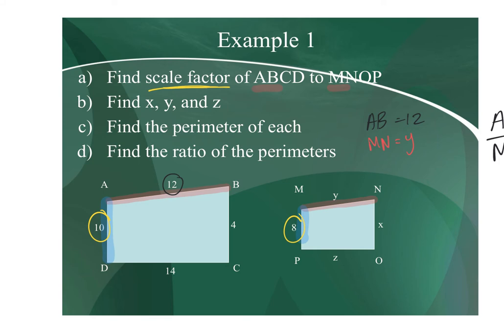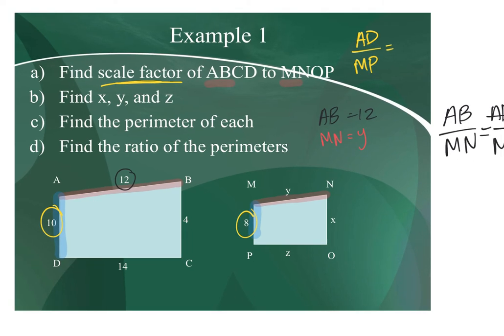The rest of them have an X, a Y, or a Z. So we put AD over MP, which is 10 over 8. So my scale factor when simplified is 5 over 4. That will hold for all of the sides in this figure. We can set them all equal to 5 over 4.